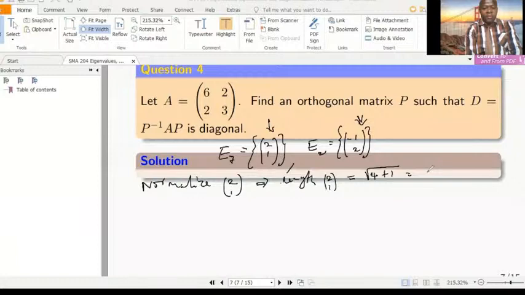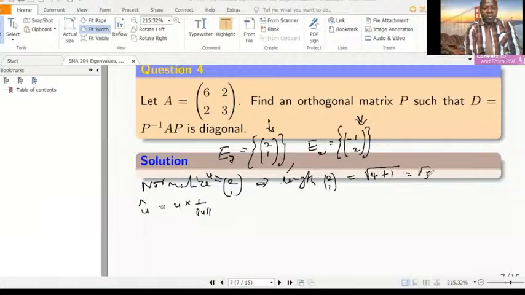So for the normalized vector, let me call this 2, 1 as u. So the normalized u, u with a cap, will be u times 1 over the length of u.